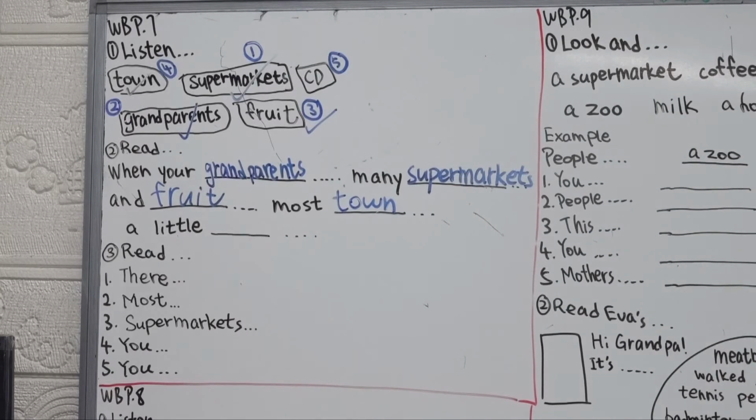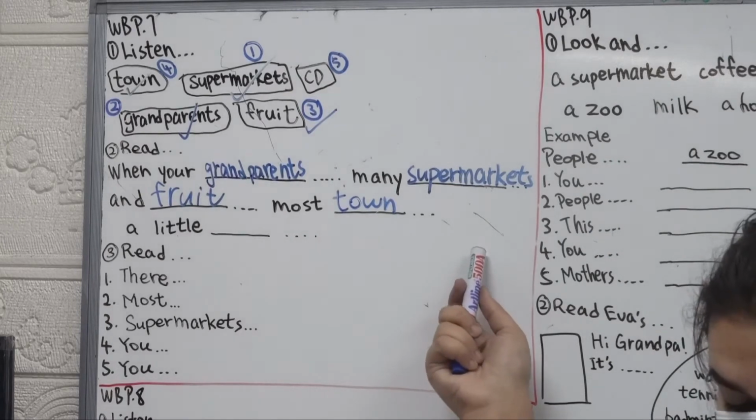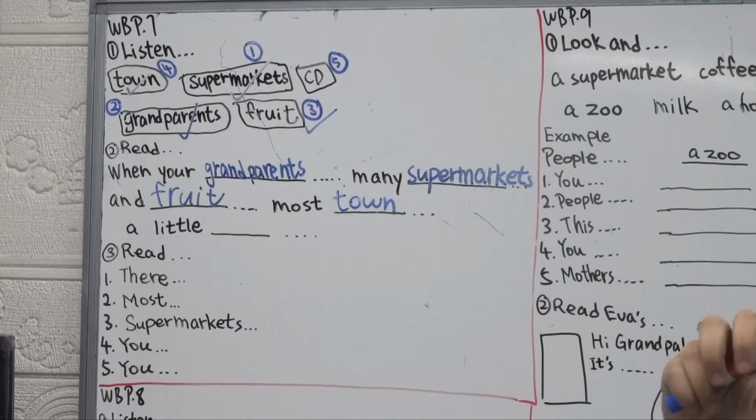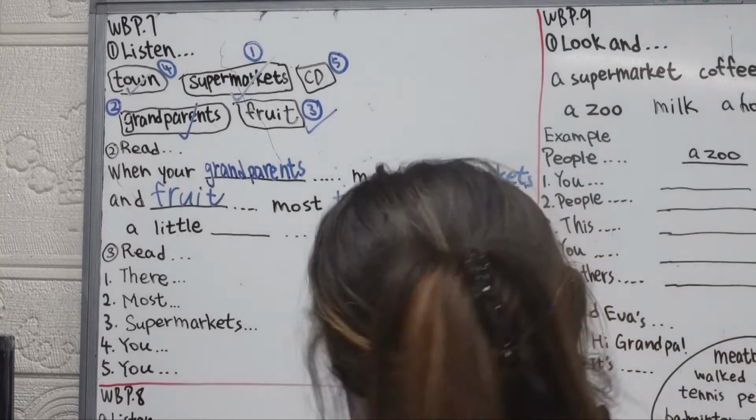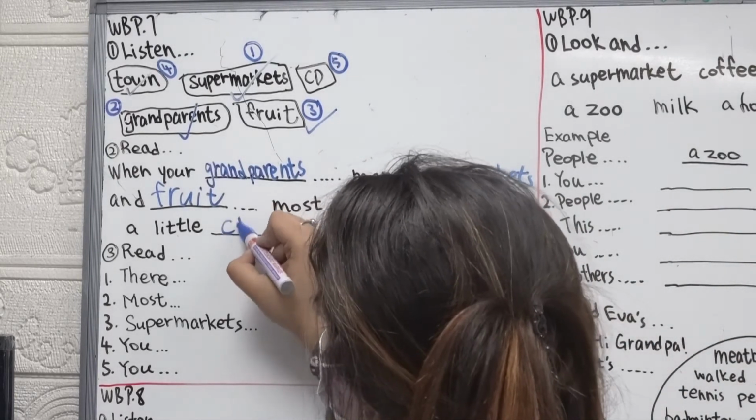Keep reading. In bigger supermarkets, you can have lunch in the cafe. And you can buy everything from a little CD to a huge new television.